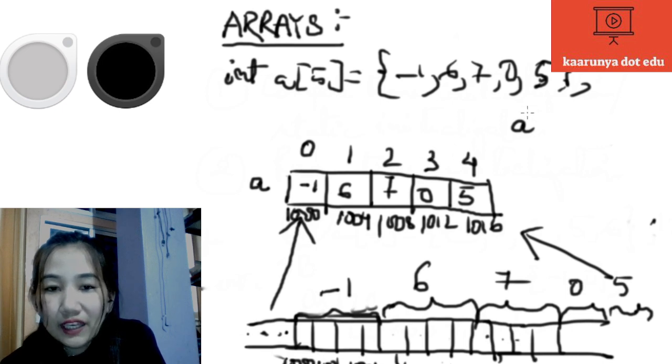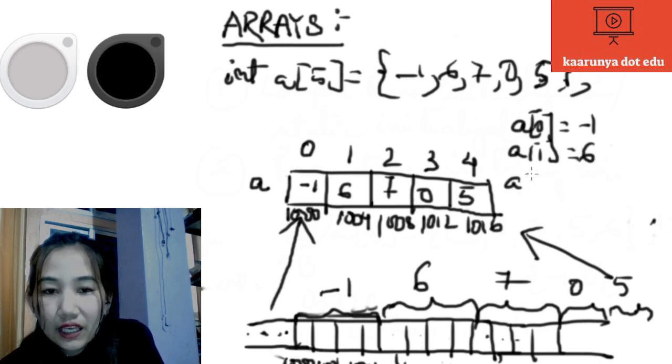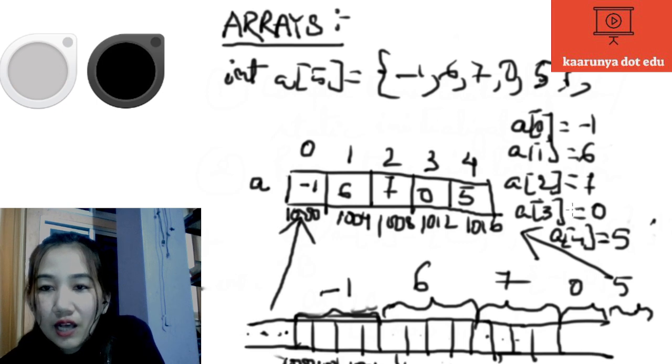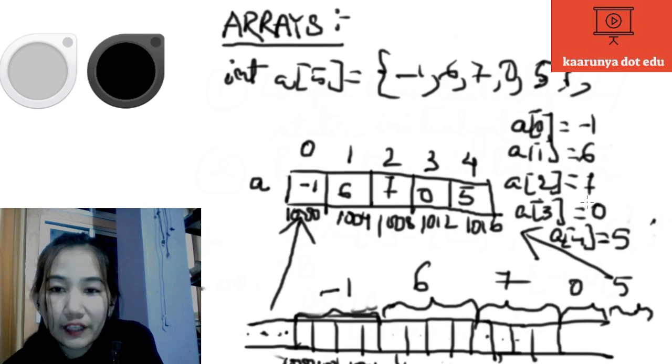So a of 0 is the value stored inside, which is minus 1. a of 1 is the number 6, a of 2 is the number 7, a of 3 is the number 0, and a of 4 is the number 5. Alright, so this is how we access the elements of the arrays.